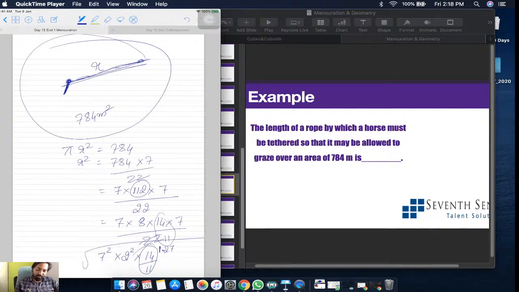Square root of this will be 7 into 2, 14, into 1.27. This is what I got. 14 into 1.27.